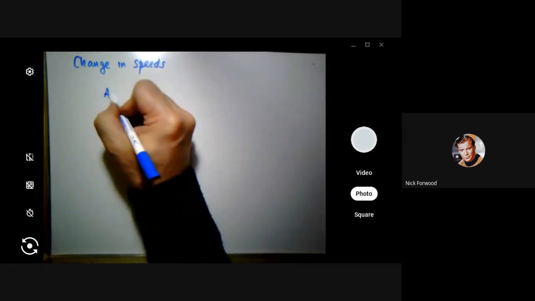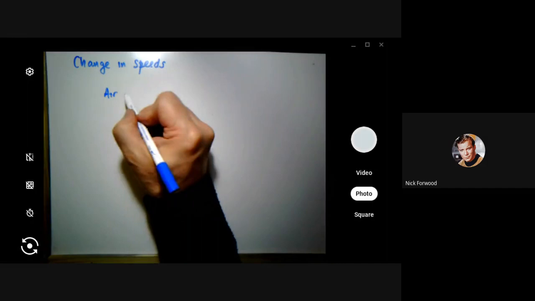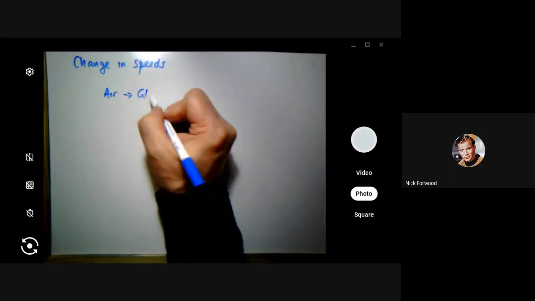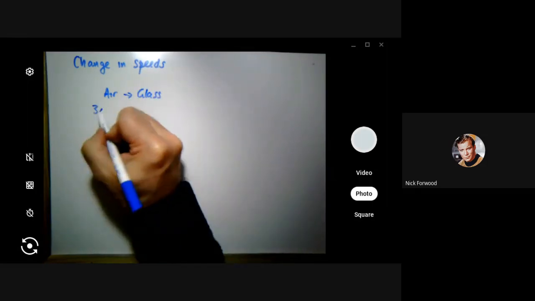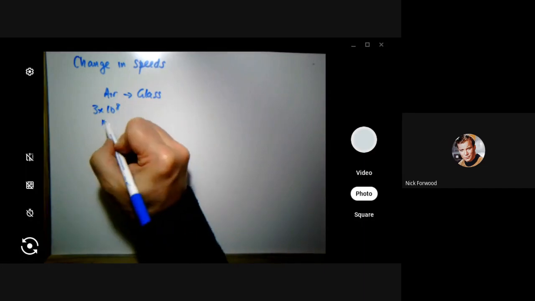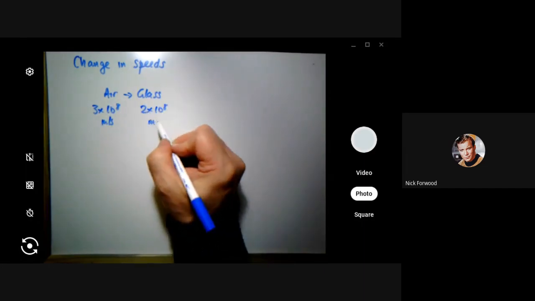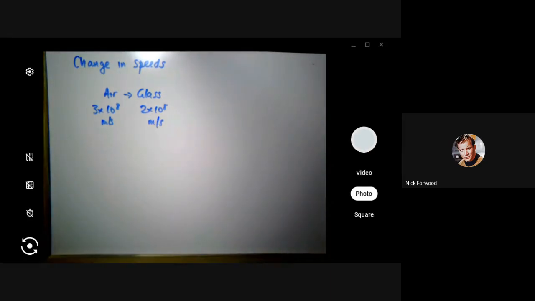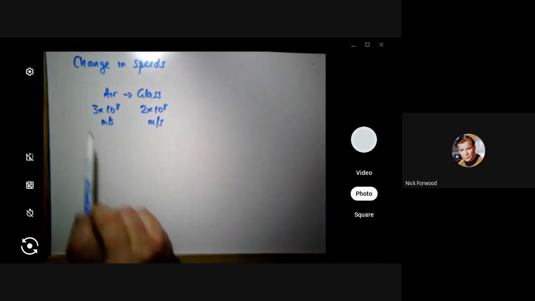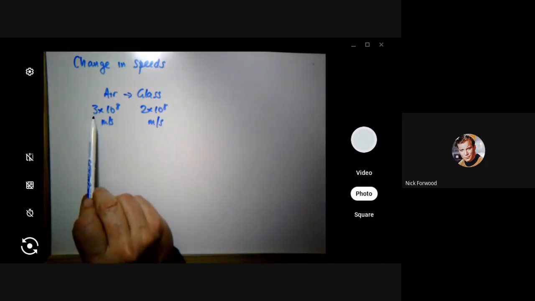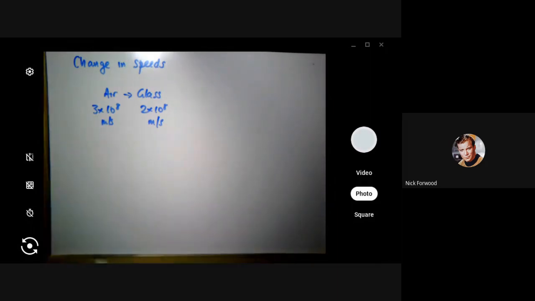And let's go back and have a look at air to glass, 3 times 10 to the power of 8, and 2 times 10 to the power of 8 meters per second. Okay, now there's a factor by which the light slows down. It was going at 3, and now it's going at 2. I'm just going to disregard the times 10 to the power of 8.